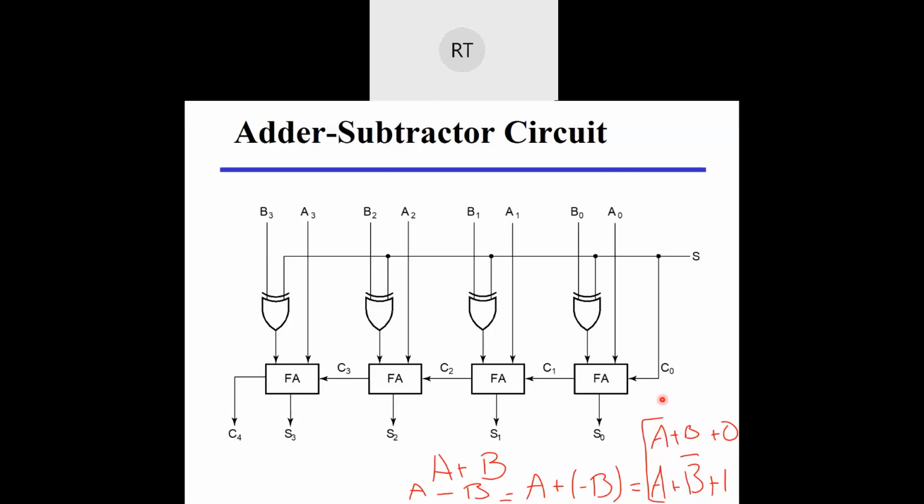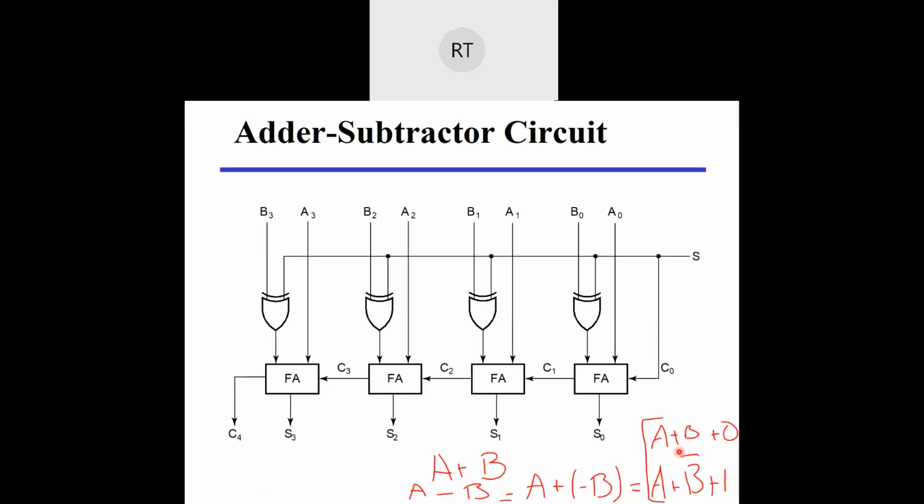So A is the same. You agree? What about B? B is either a plus or a minus, okay? So either a B or a B bar if you are subtracting. And the carry in is either going to be a 0 or a 1.